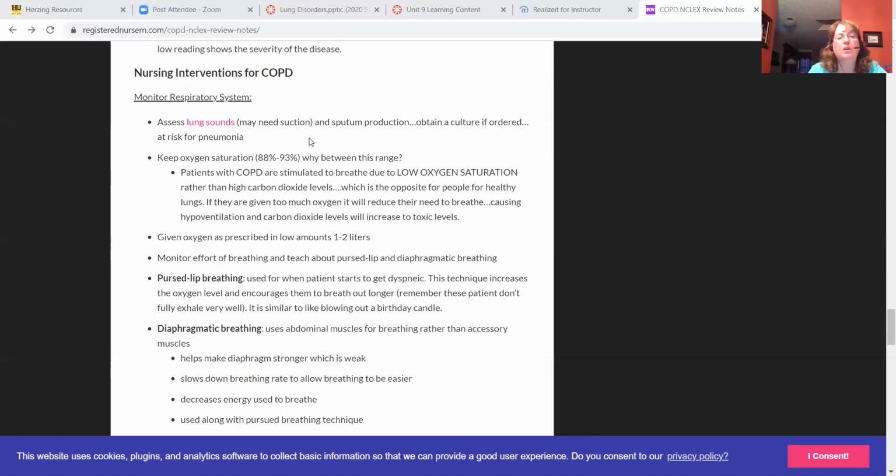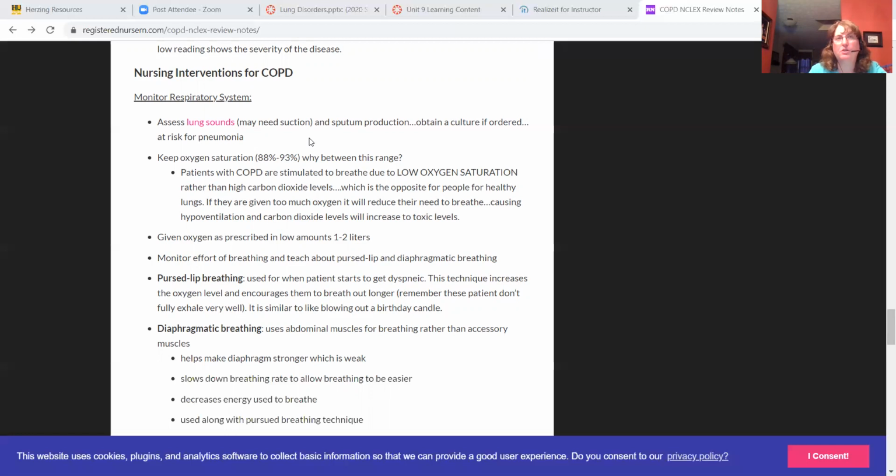And then we want to monitor the effect of some of these techniques that we're teaching them, like pursed lip breathing and diaphragmatic breathing. Pursed lip breathing is used when the patient starts to get dyspneic. This technique increases the oxygen level and encourages them to breathe out longer. It's similar to blowing out a birthday candle.